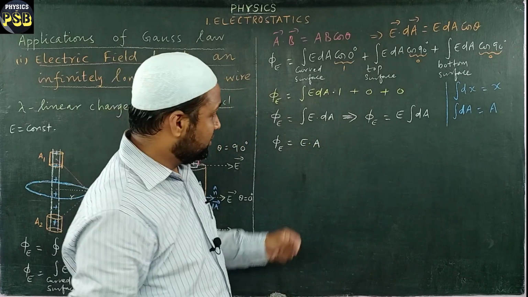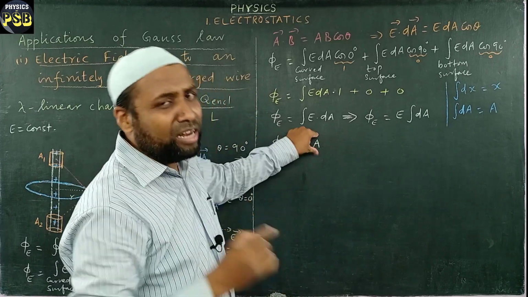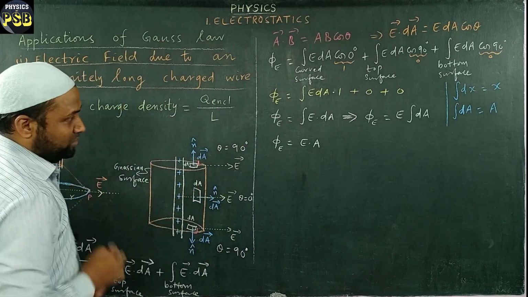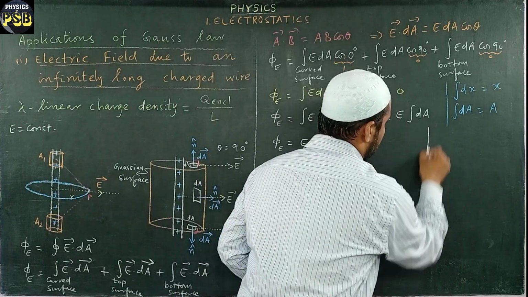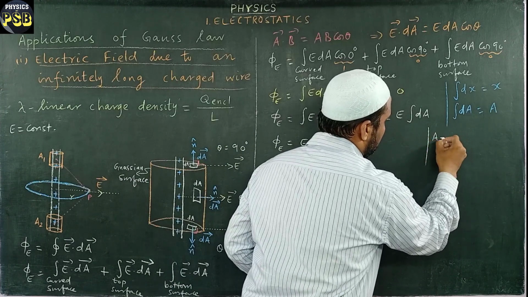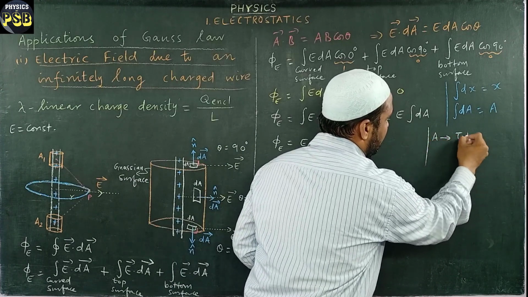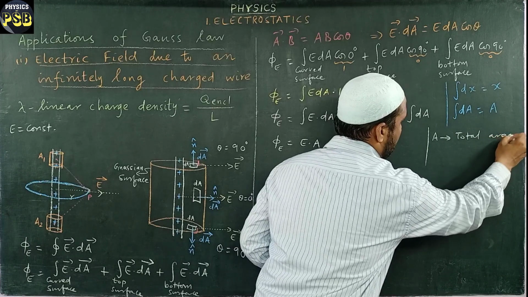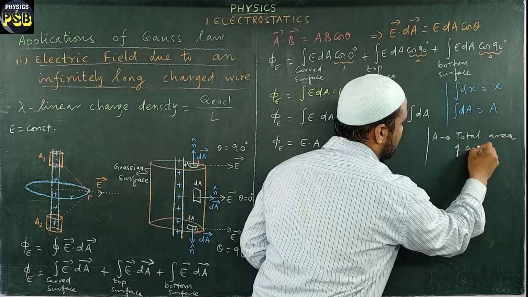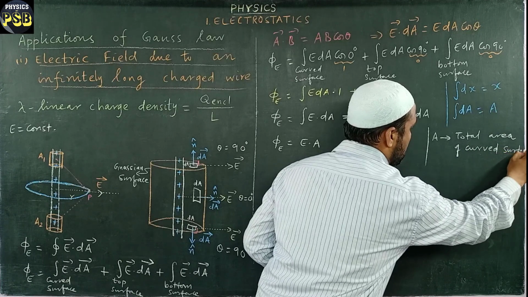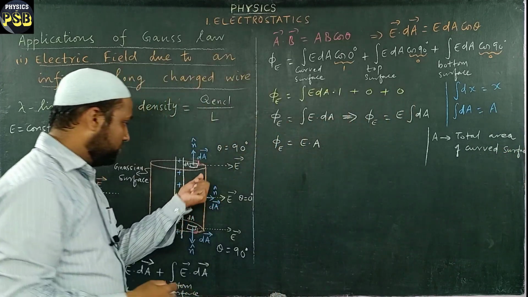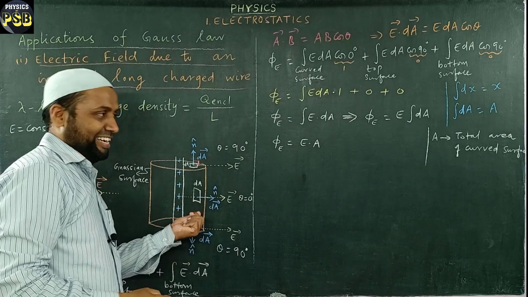Here A is the total area of the curved surface. Of what? Of this cylinder.